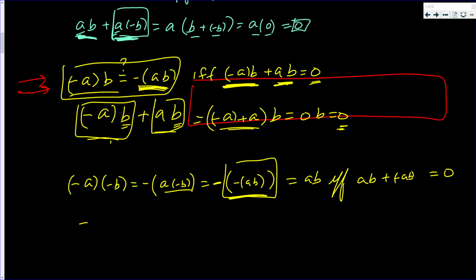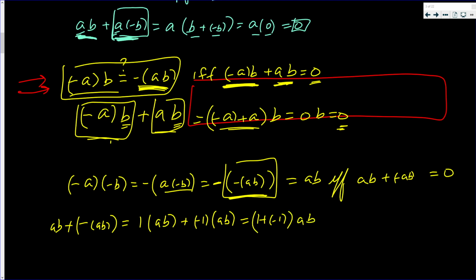So let us look at this: ab plus negative ab. This is 1 times ab plus negative 1 times ab, which is 1 plus negative 1 times ab, factoring out ab on the right. This here is 0 times ab, which is 0. So I have it.